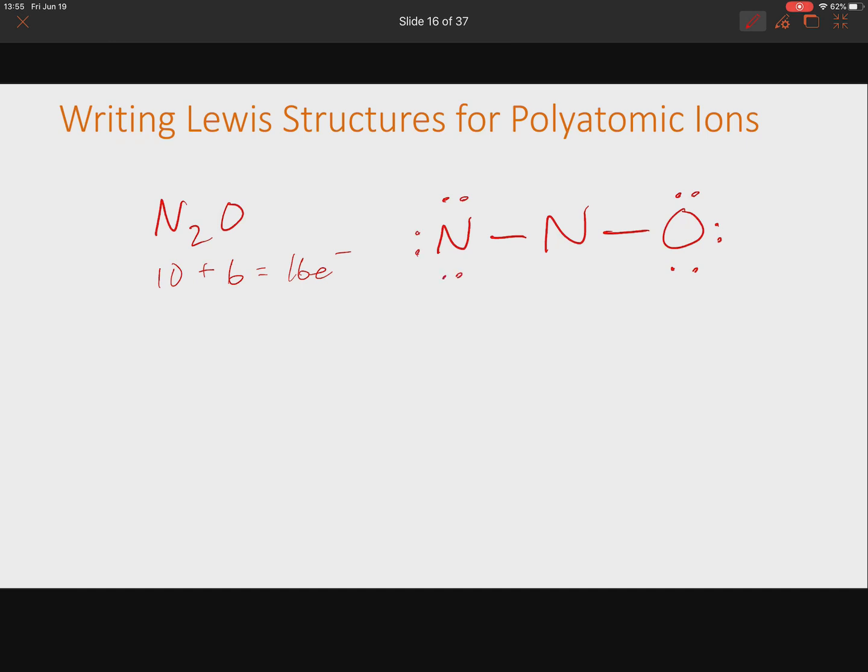Nitrogen in the middle doesn't have enough, but he's only short by a few. We might be able to do something like this. This would give us nitrogen, sorry, I put too many.